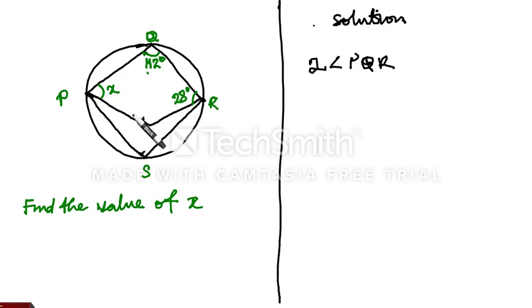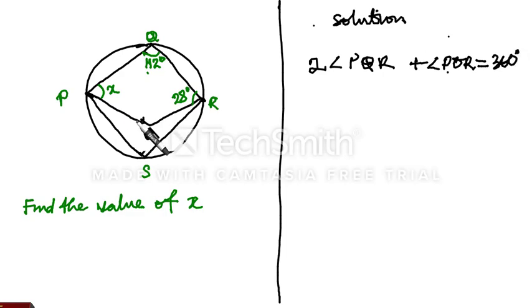Plus angle POR. If here is given as the center, here is O. There's O here as the center. Plus angle POR equals 360 degrees.